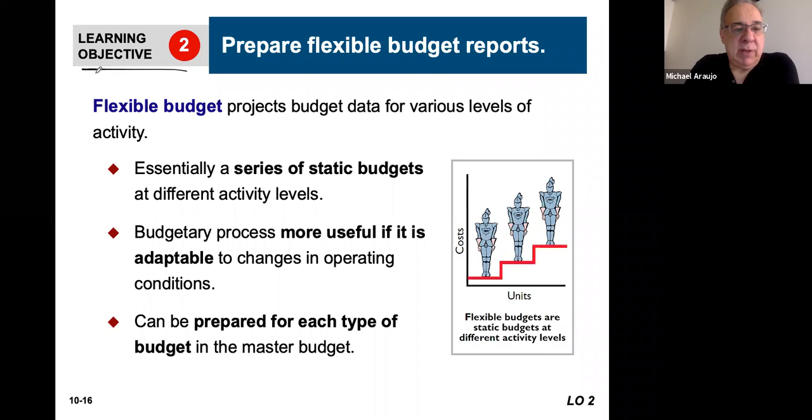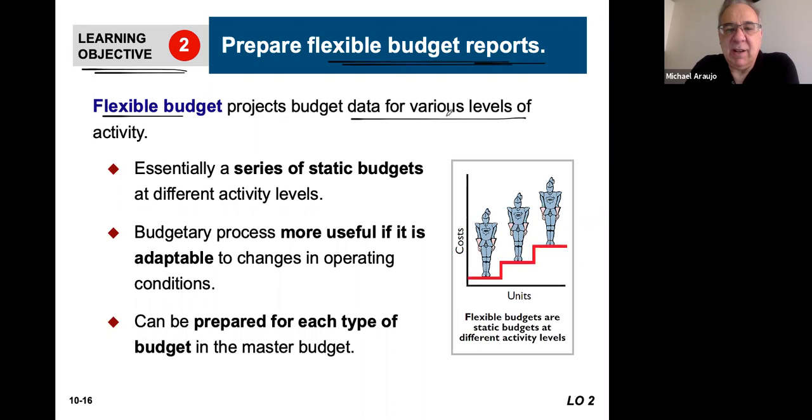All right, so learning objective 2 here is about preparing a flexible budget report. It is a type of report that's used by management, and it provides better information because a flexible budget report actually provides data for various levels of activity, where a static budget only gives you one level of activity, right?